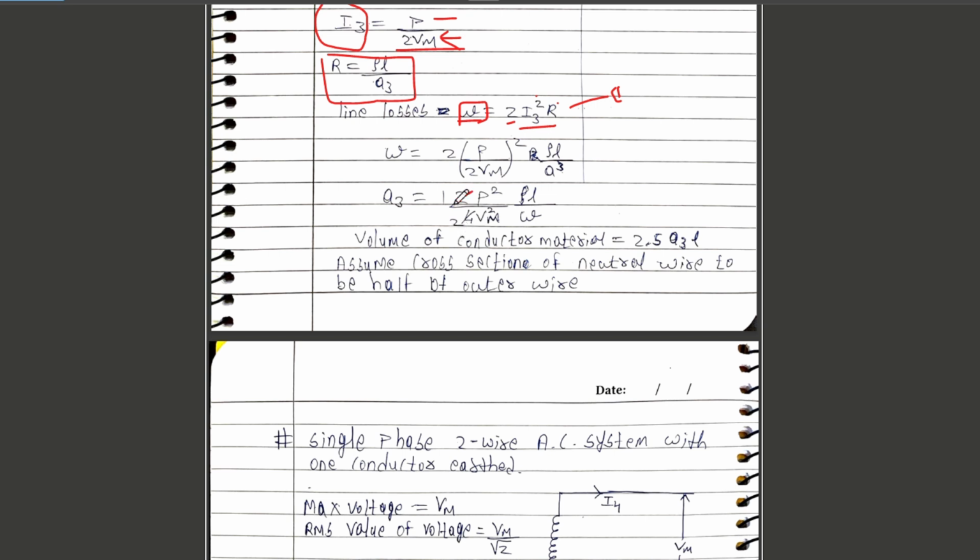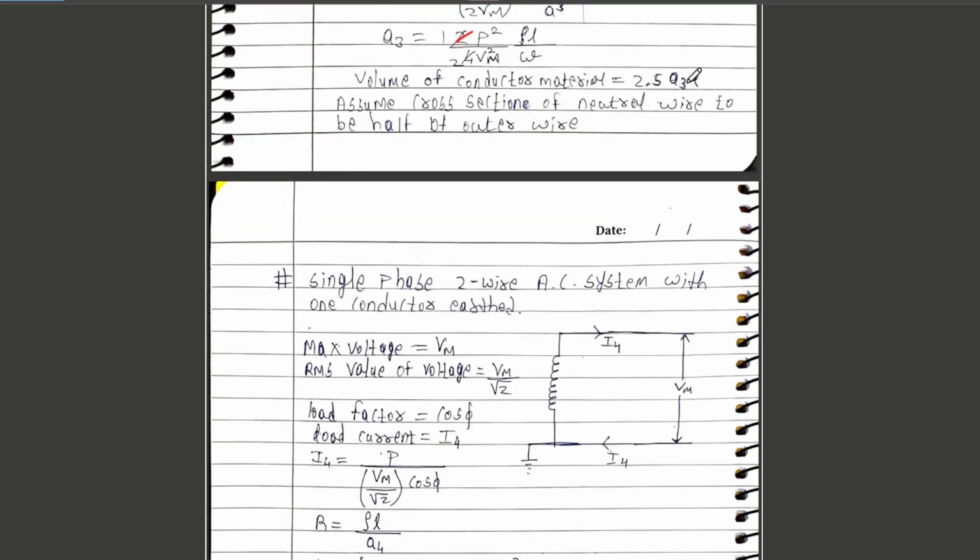So this equation will become P square by twice of Vm square rho L by omega. So the volume of conductor material will be 2.5 A3 into length, that is cross-sectional area into length.